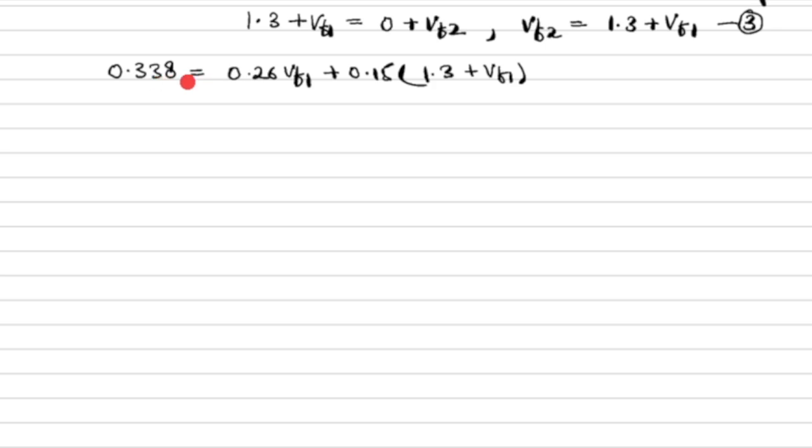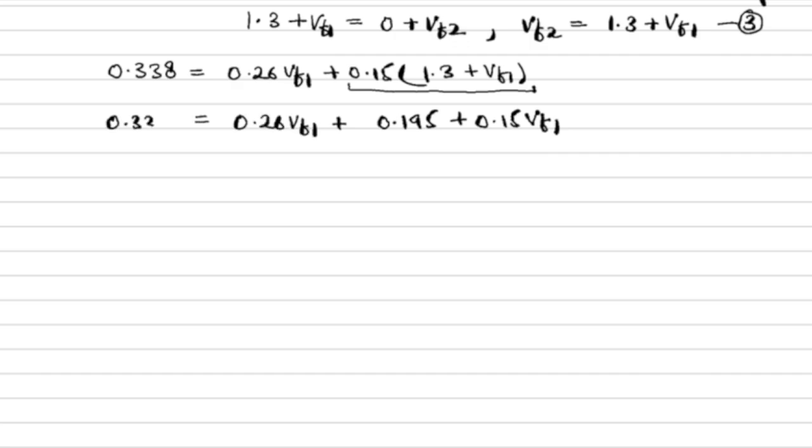Yeah, so now I will solve this part. So it will be plus 0.15. Let me have my calculator. 0.15 multiplied by 1.3. That will be 0.195, plus it will get multiplied inside 0.15 VF1. And here it is 0.26 VF1, and here it is 0.338.